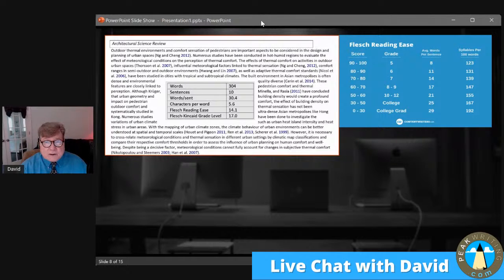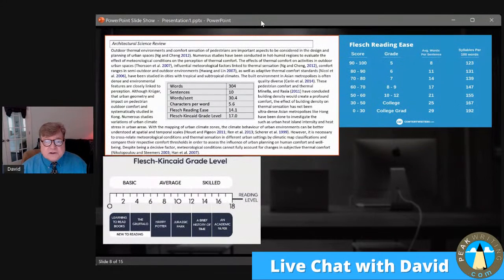The next thing you need to know is the Flesch-Kincaid grade level. The Flesch-Kincaid grade level for this professor's writing was 17.0. Look at the little graphic that I just put up. Do you see where academic paper begins? It begins at level 15 and goes to level 18. After that, it is off the scale.